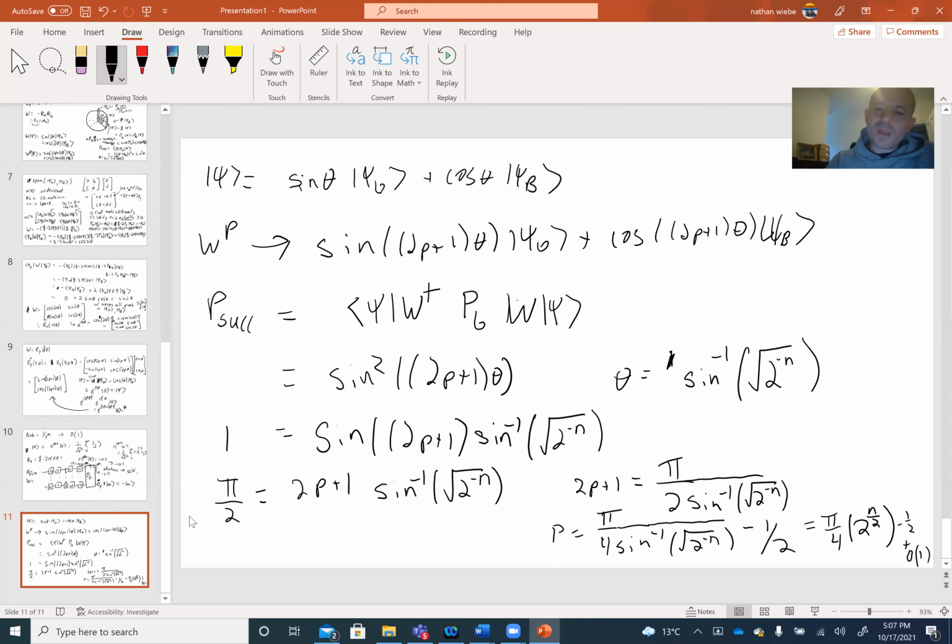So this is the asymptotic scaling that we end up getting for the number of p's that we would need to boost the success probability up to 100%.